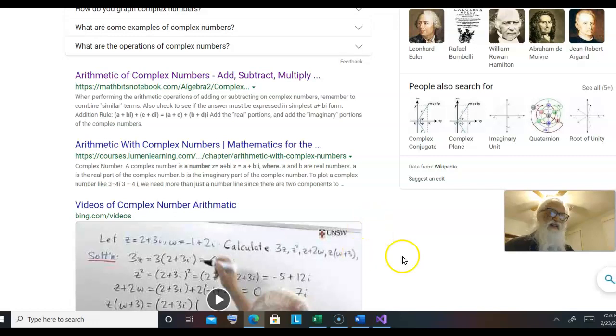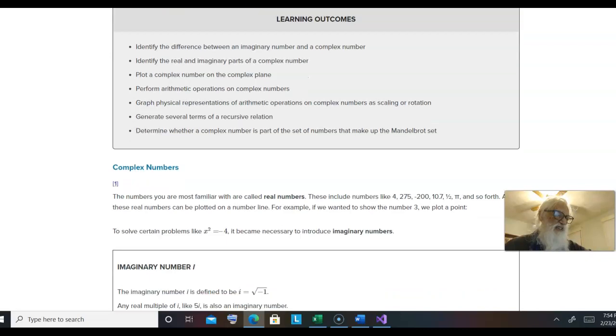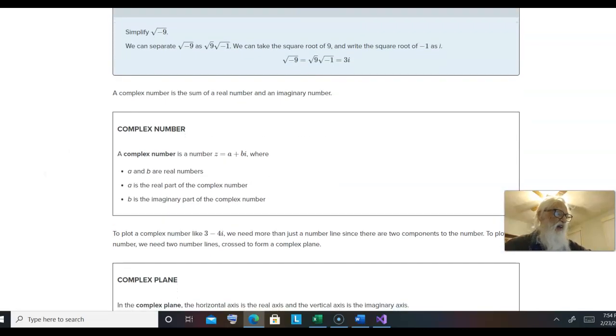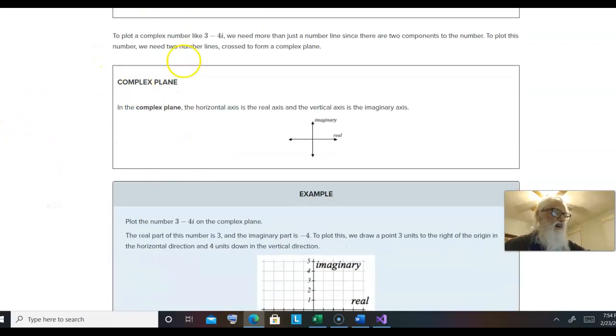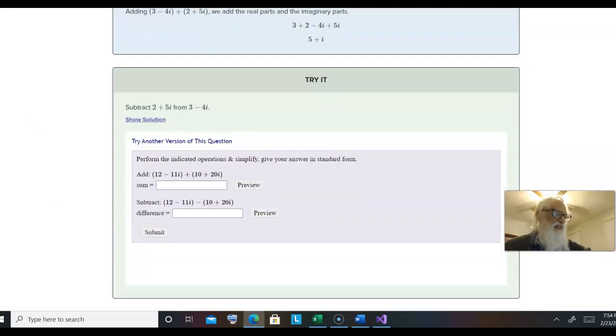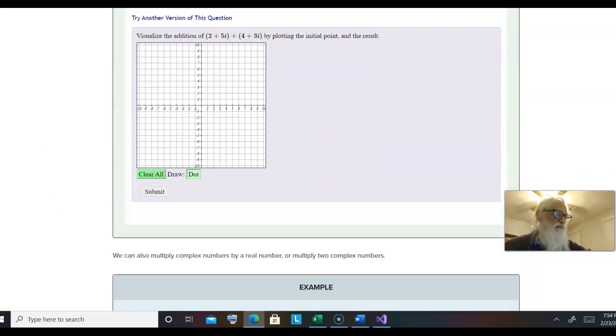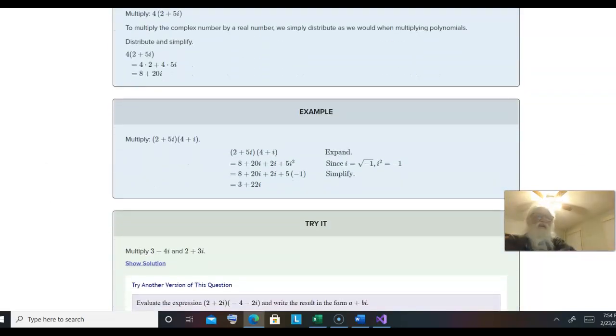And there's something called the absolute value of a complex number. It shows you a little bit of a way of looking at this. Shows you these, gives you examples. I'll put out the formulas for you.